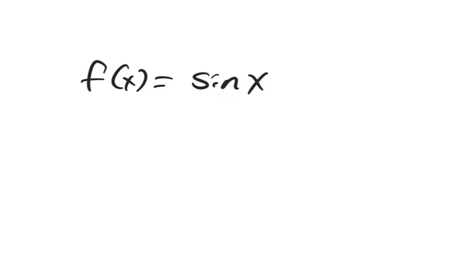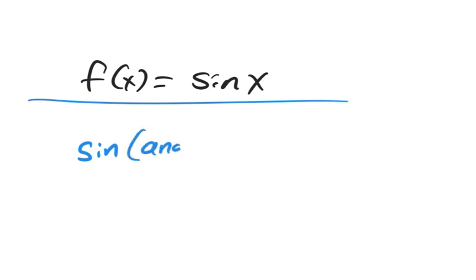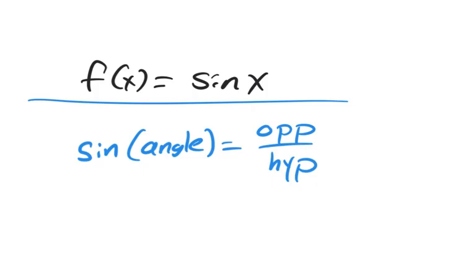Sweet. Now, what do I want to talk about next? Let's talk about how the sine function works. And here's what I mean by that. How the sine ratio works. We typically take sine of an angle, and it gives us a ratio of the opposite over the hypotenuse.